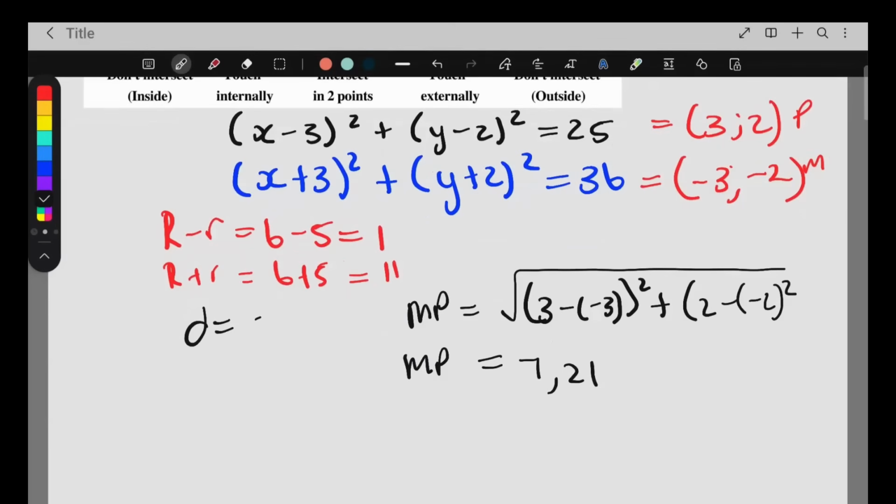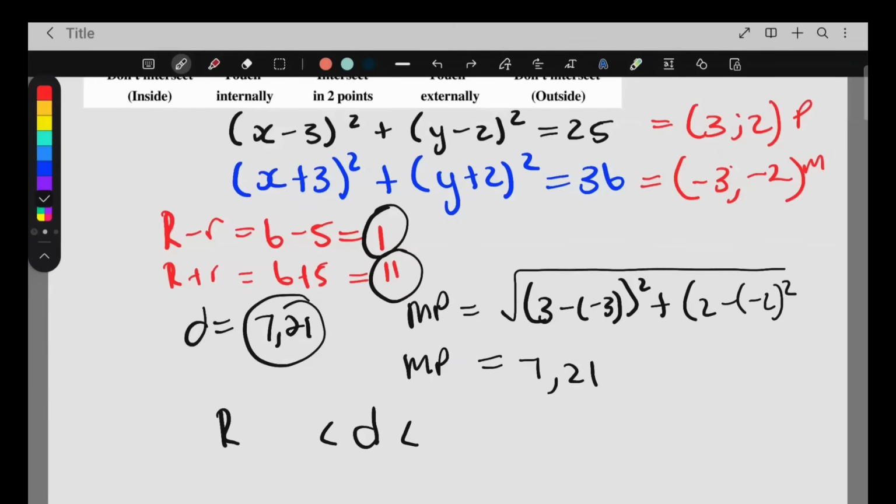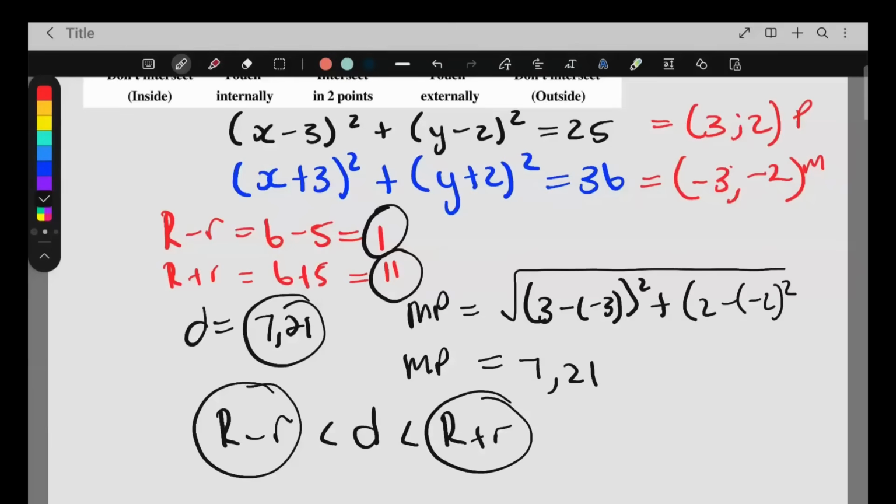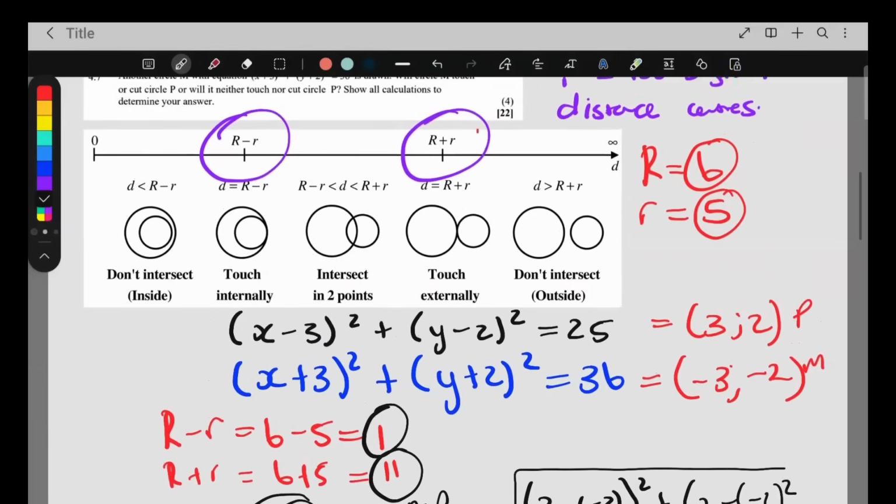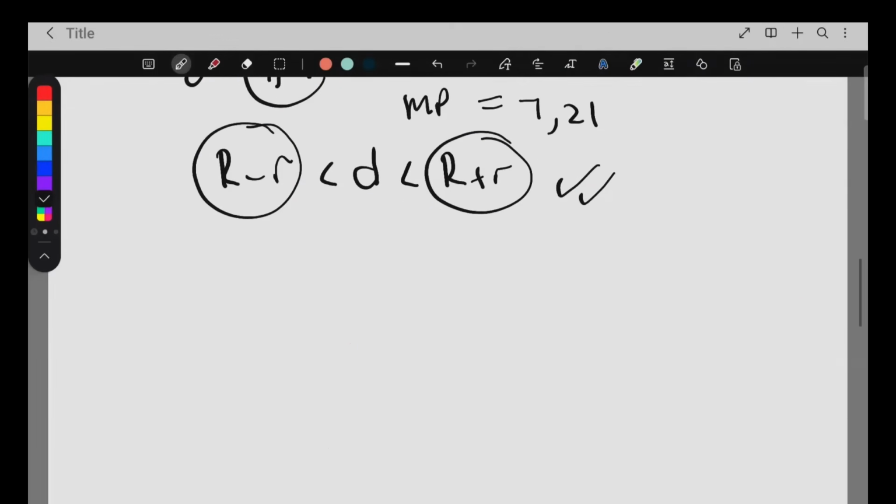The distance is 7,21. Can you see that this 7,21 is between these two numbers? The distance is between R minus r, which was 1, and it's between R plus r, which was 11. That means the circles intersect at two points.